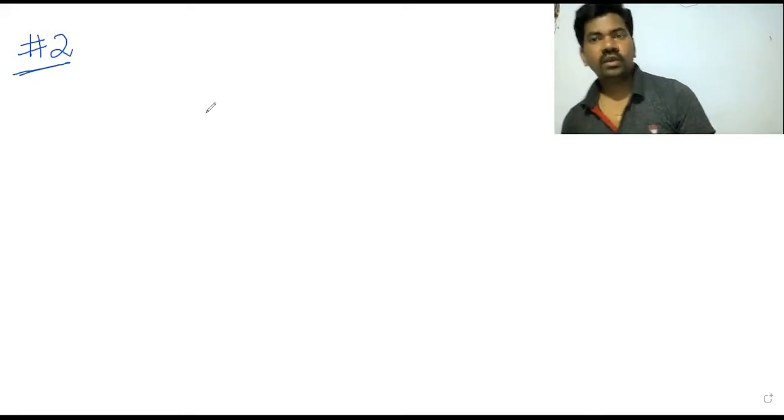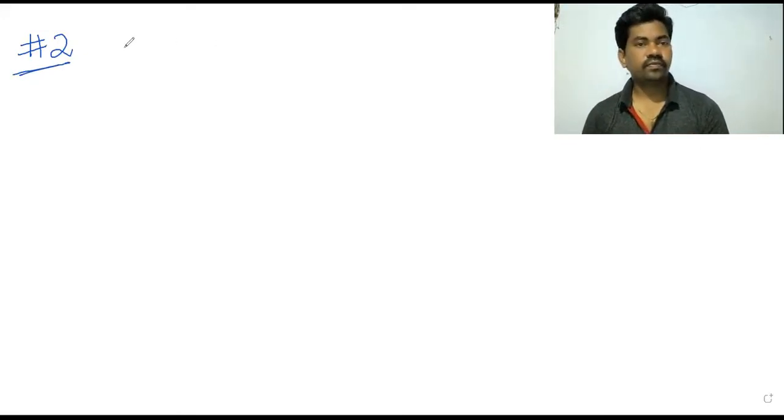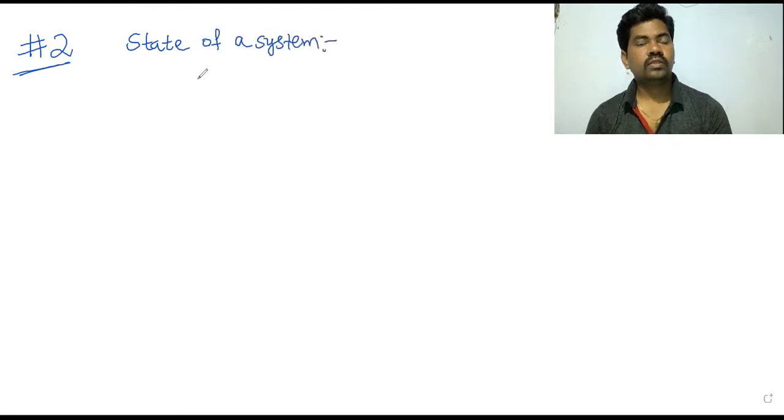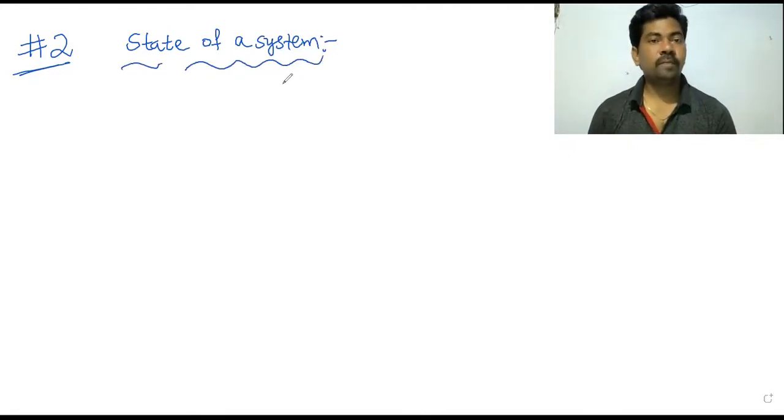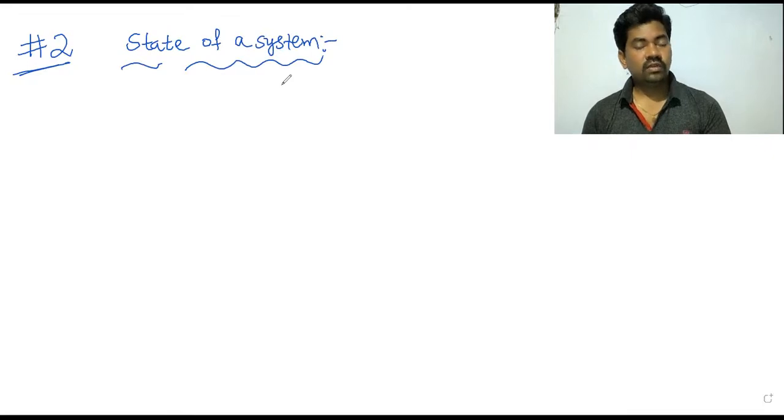So next topic, state of a system. In general, what does the state of a system mean? There are two types of functions to represent the state of a system.